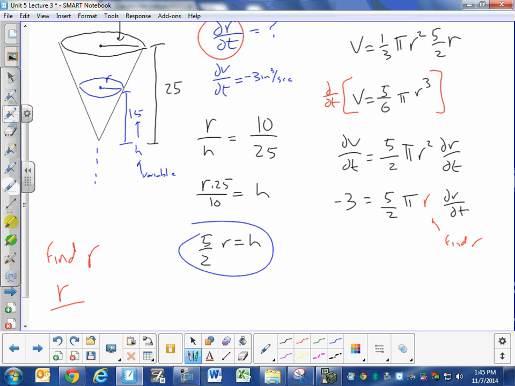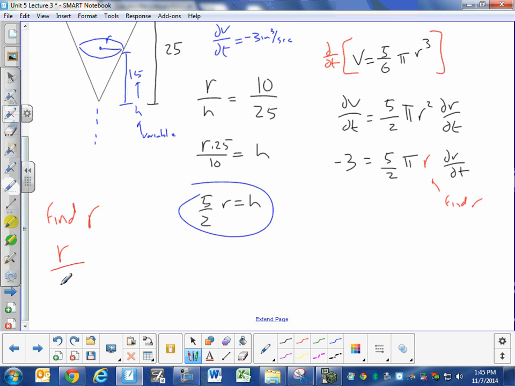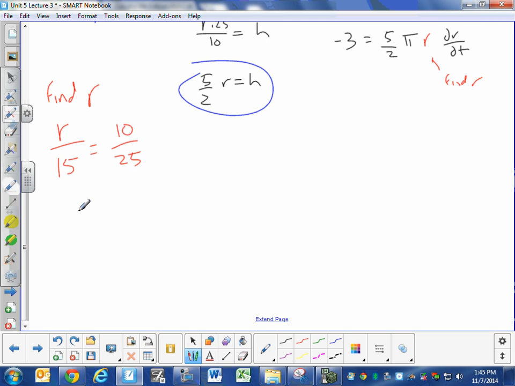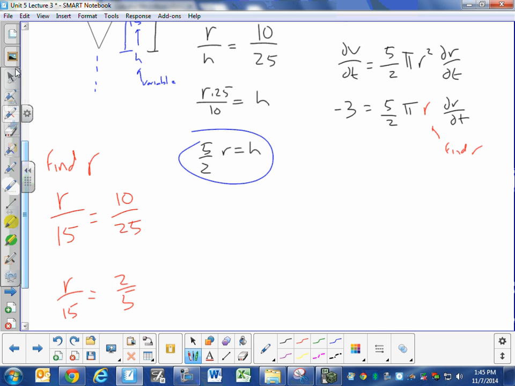My radius over my height of 15 at that specific moment is equal to 10 over 25. So let's just simplify it. My radius over 15 is equal to 2 over 5 times 15. That'll be 3 times 2, which is 6. So that's my r. Now I can find dr/dt finally.